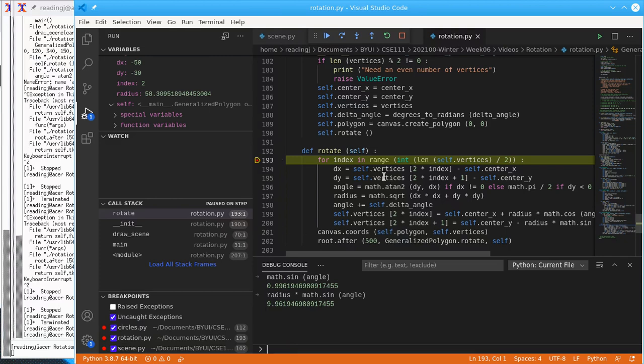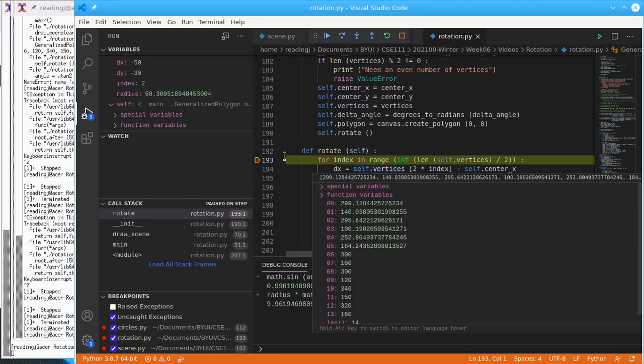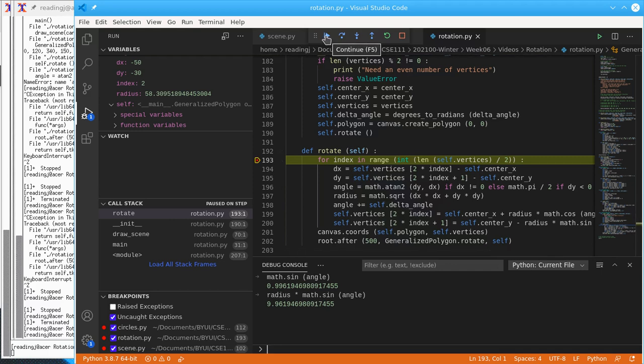Oh, because this is the first time, so we haven't rotated yet.